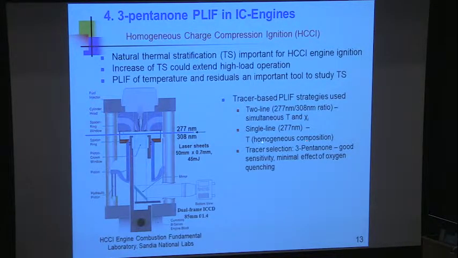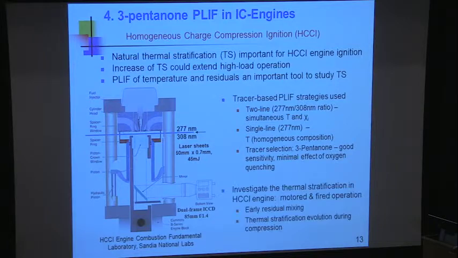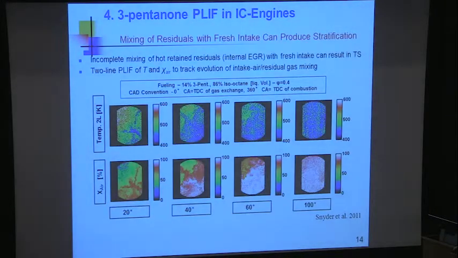And then in the case where you use a fixed mole fraction, you can do a single line. So we're back to the same 2 strategies. Fix the mole fraction, measure T, or take the ratio and get both. He used 3-pentanone. There's also a 5-pentanone. And he was able to look at the thermal stratification in this HCCI engine. So temperature uniformity or intentional non-uniformity is the key.